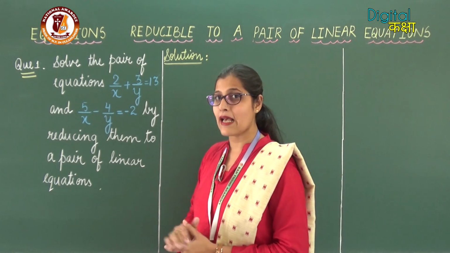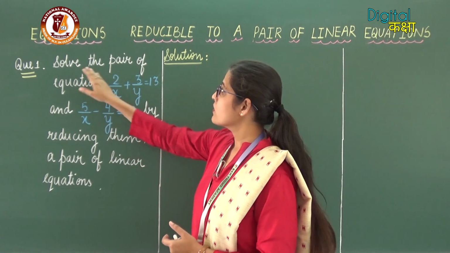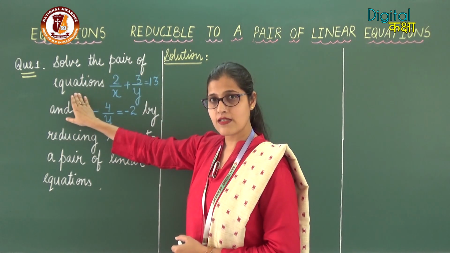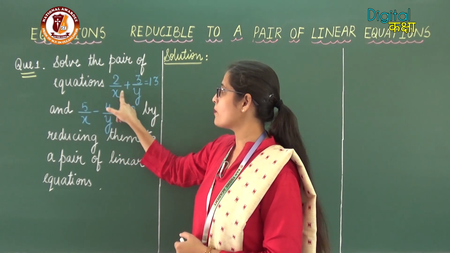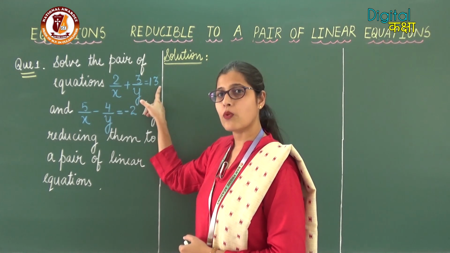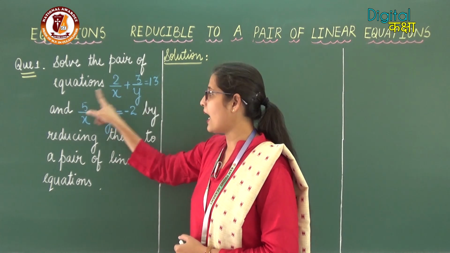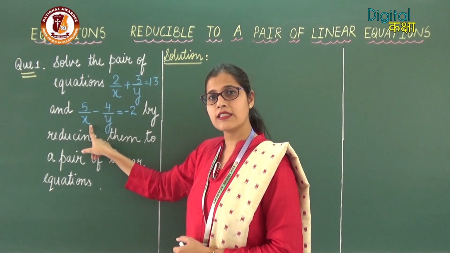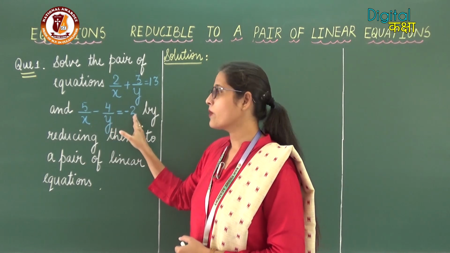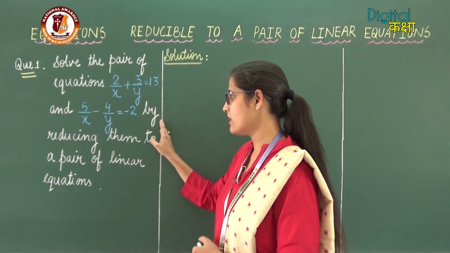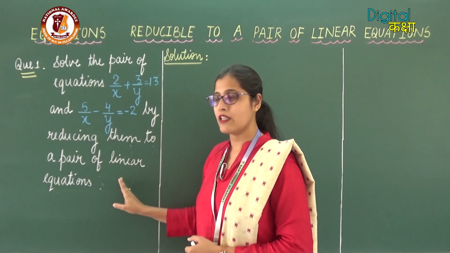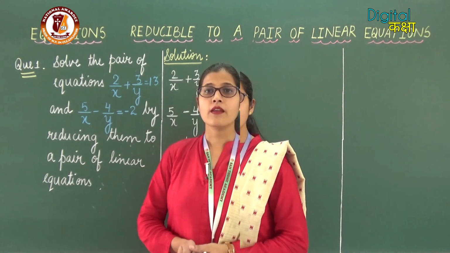So, our first example is: solve the pair of equations 2 upon x plus 3 upon y equals 13 and 5 upon x minus 4 upon y equals minus 2 by reducing them to a pair of linear equations.